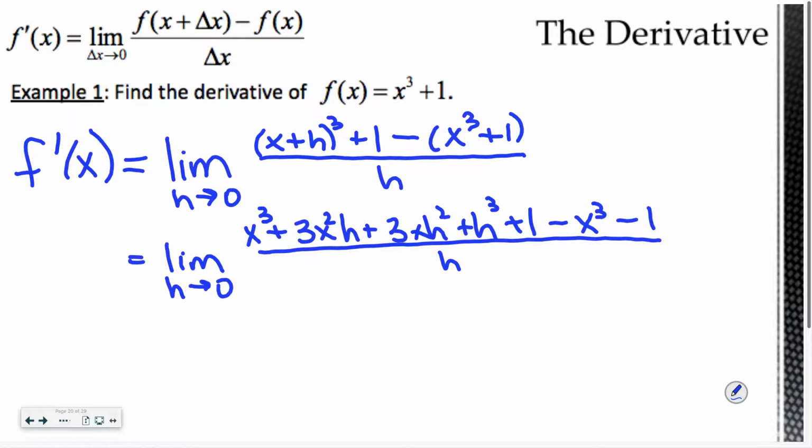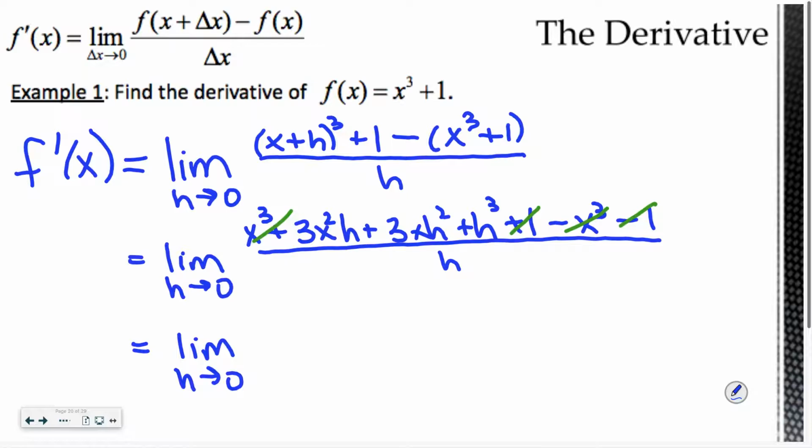Okay, what happens in our numerator? The ones cancel. Anything else? Our x cubes cancel. So now we have the limit as h approaches 0. Now I feel like we're all pretty good at algebra at this point.